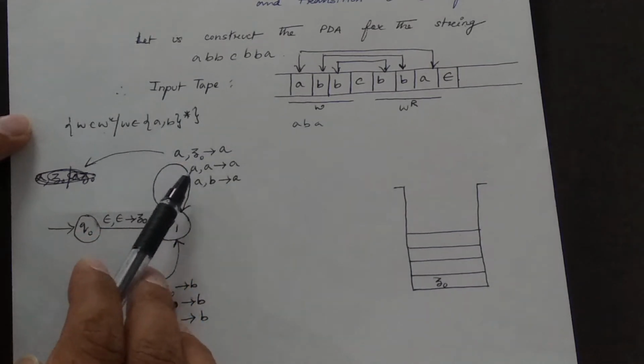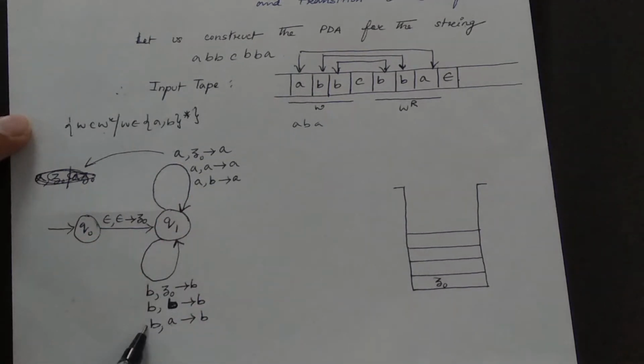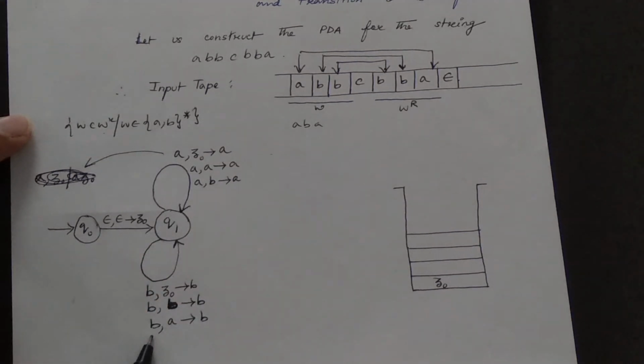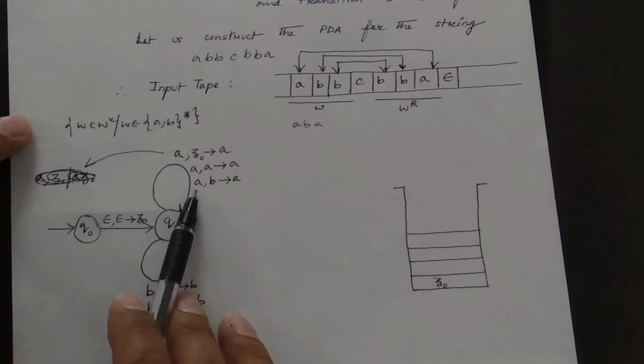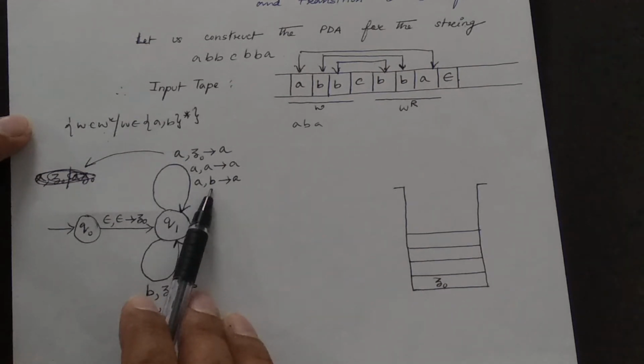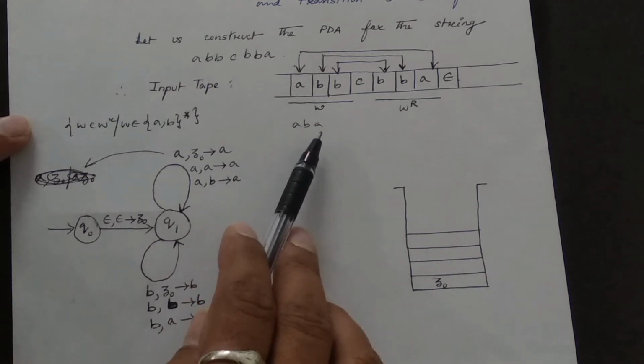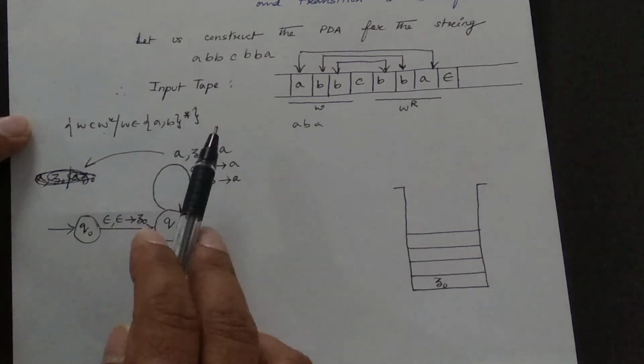Then again, I am reading the symbol B. What is the top of the stack now? A. Correct? And what am I pushing? The same element B. Again, if I'm reading A, what is the top of the stack now? B. Correct? So what will be the transition? A, top of the stack B, and what I'm pushing? A. So understood? This is a particular string, but I'm considering this as a universal one and I'm drawing this diagram.